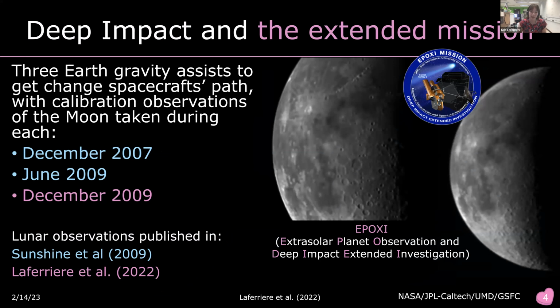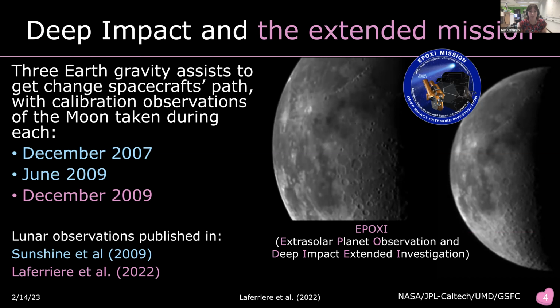But to get to the next comet they wanted to go observe, they needed to do gravity assists to change the spacecraft's path. And so during those, they took calibration observations and some science images that we ended up using of the moon during this time.